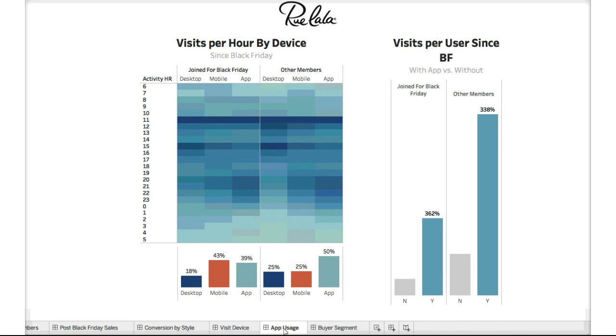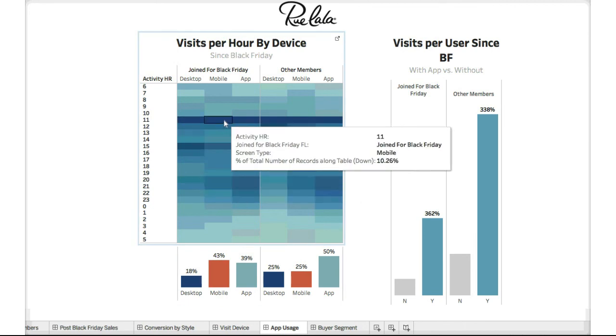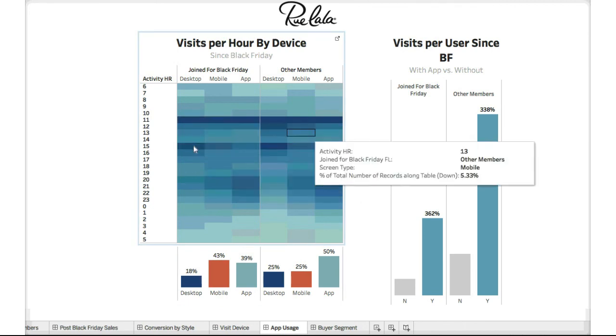So what we want to look at is what has this group done, and how are they accessing the site, knowing now already that they're much less likely to have the app. So you can see these bands across at the 11 o'clock hour, and to a lesser degree the 3 o'clock hour, where we see when we launch most of our boutiques.